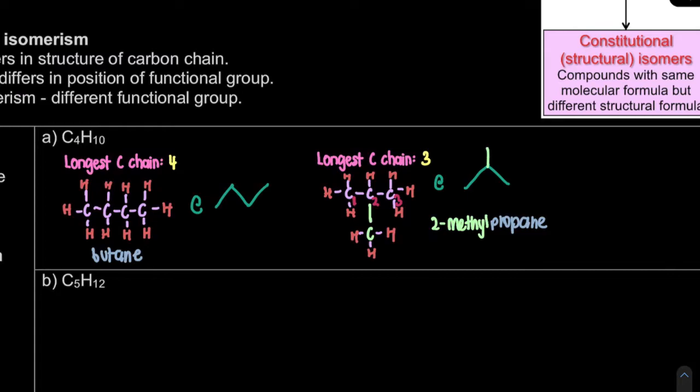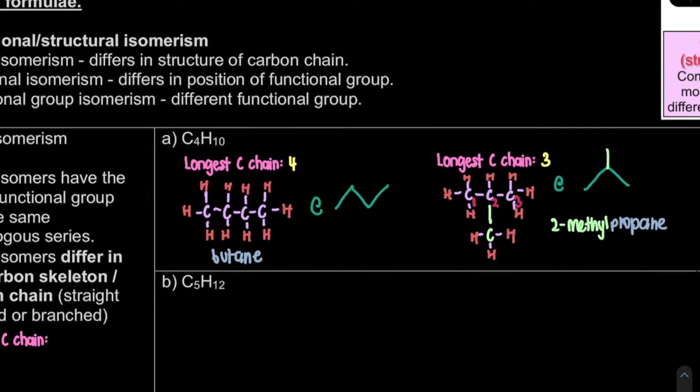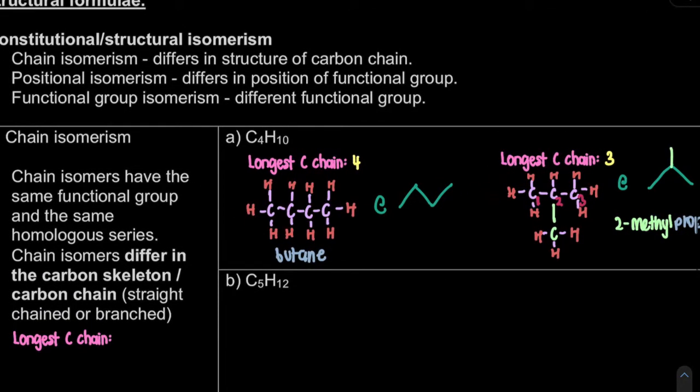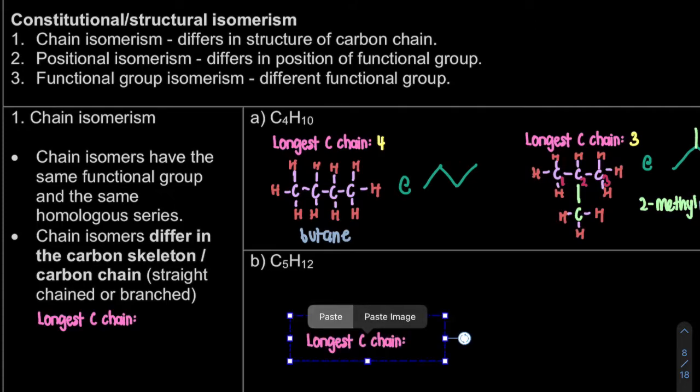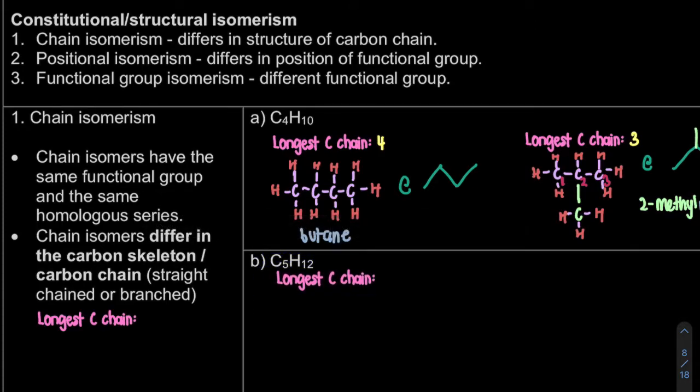Now let's look at the second example. Again, we take our longest carbon chain, which depends on the molecular formula itself. The molecular formula has 5 carbons, so the longest chain must be 5. So again, 1, 2, 3, 4, 5.